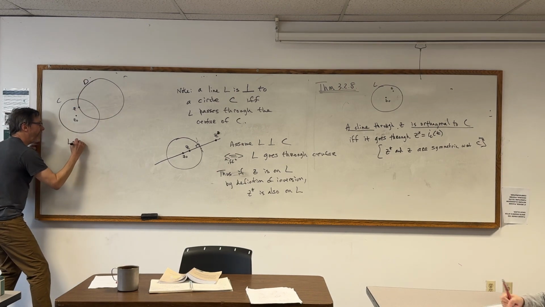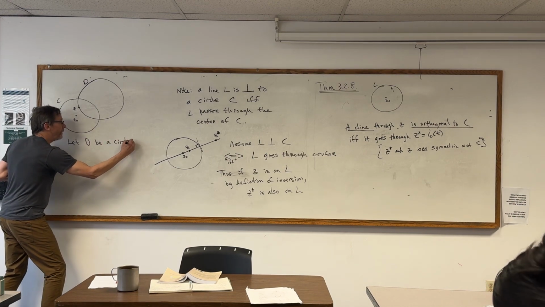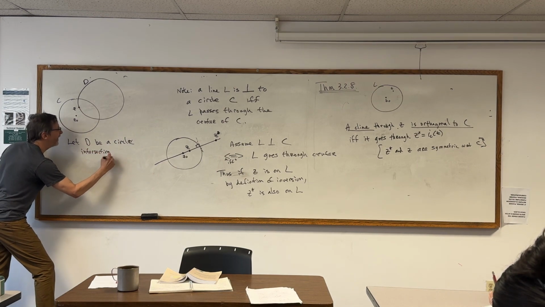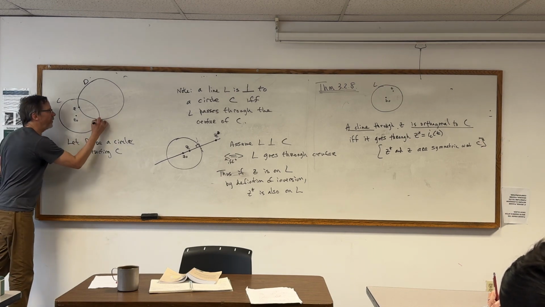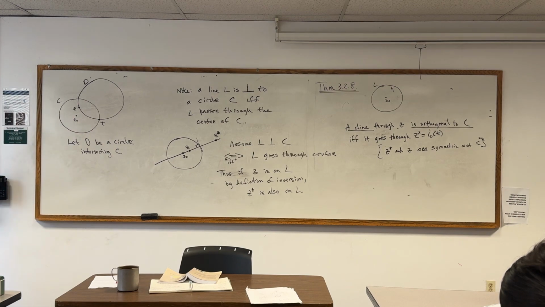So let D be a circle intersecting C. Let's label a few points here. I'll call that intersection point T. We only need one of them.